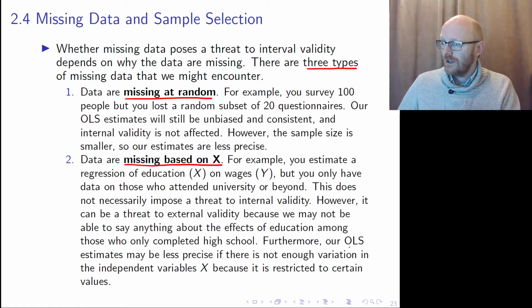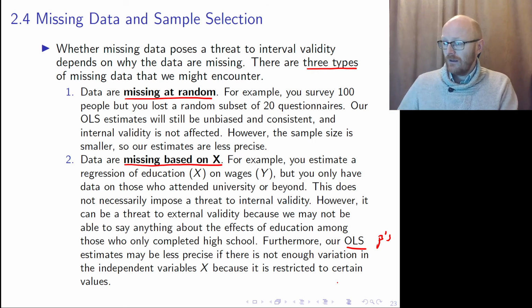Furthermore, our OLS estimates, our betas, may be less precise, because if you disregard some parts of the range of x, then the variance of x will be lower, and from the formula for the standard error of the slope, you know that the smaller the variance of x is, the larger the standard error of the beta would be.